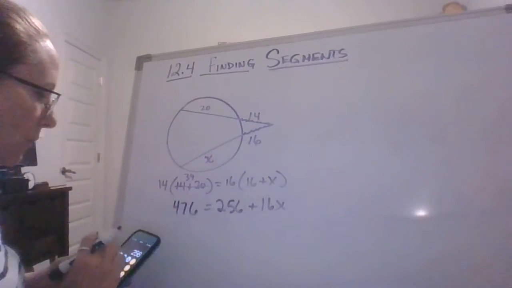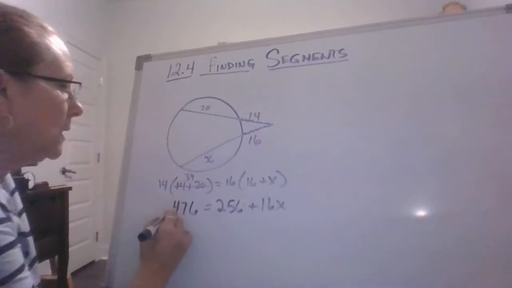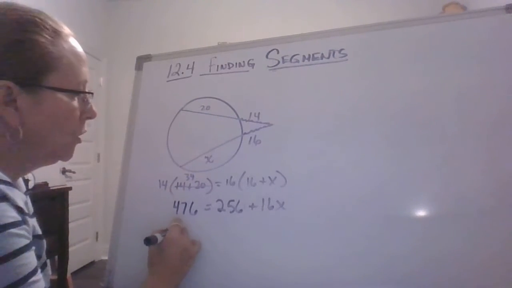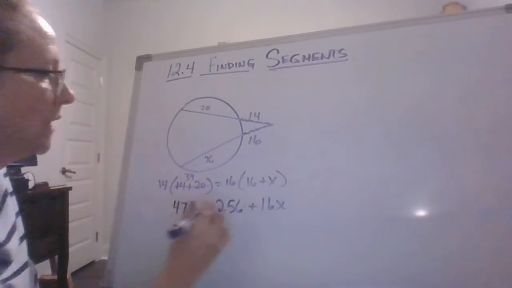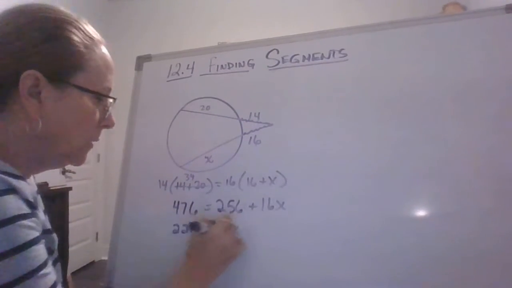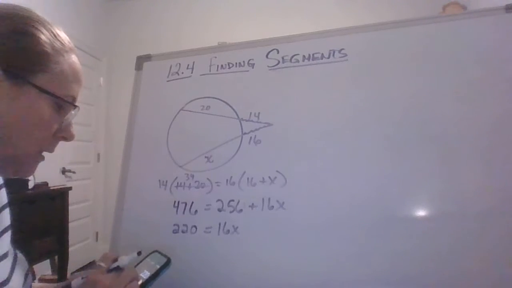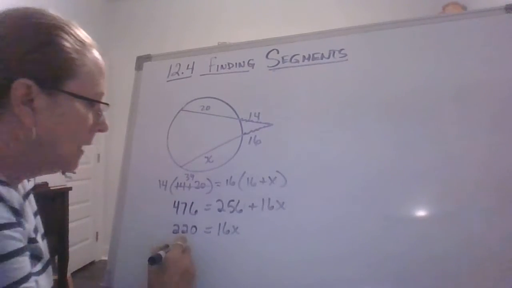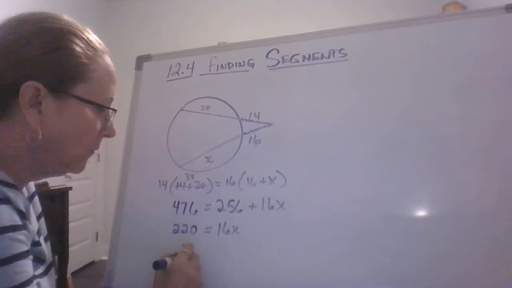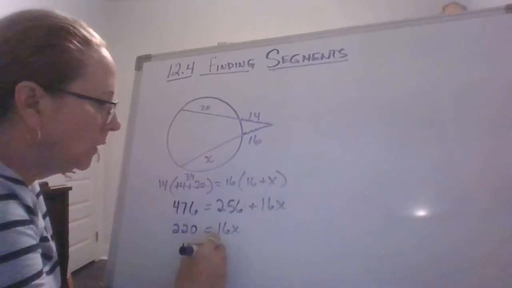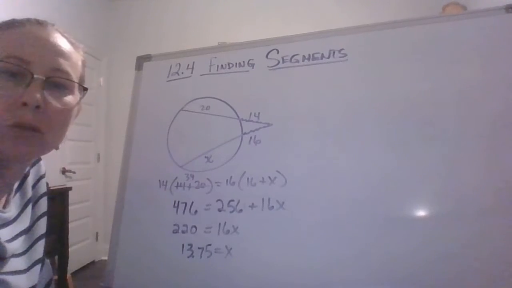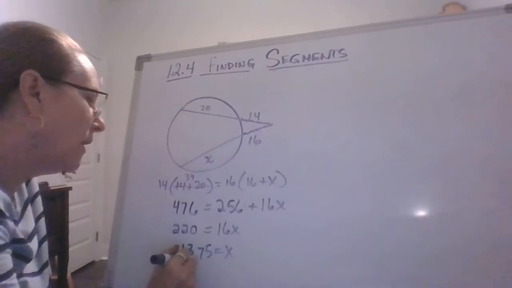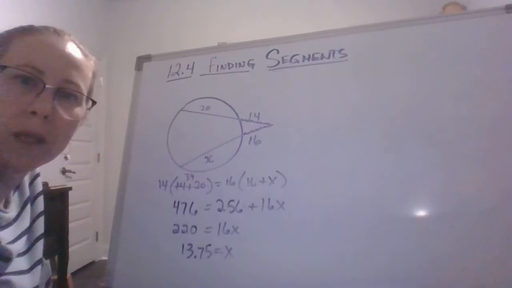We can subtract 476 minus 256, and we get 220. And we have 16X, and we just divide 220 by 16, and it comes out to 13.75. We certainly don't want to round unless they ask us specifically to round. That's 13.75.